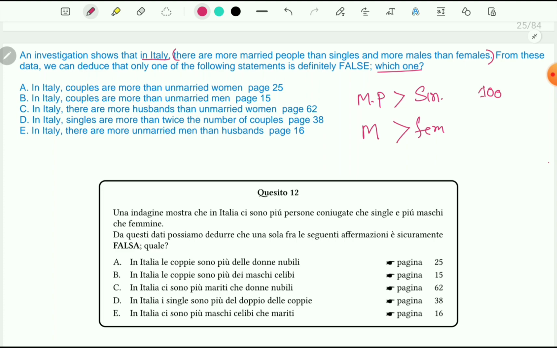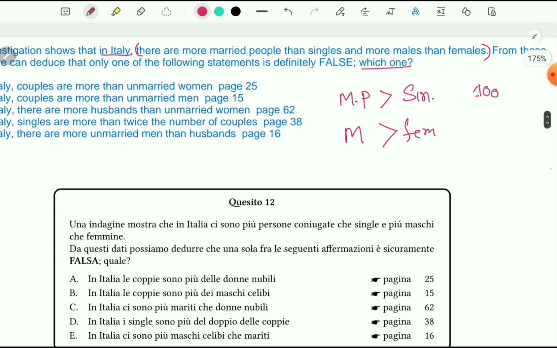We can say that, right? Let's say that for better understanding. So if they say that married people is greater than singles, that means married people must be greater than half of this total population. So we can simply say that married people would be greater than 50.